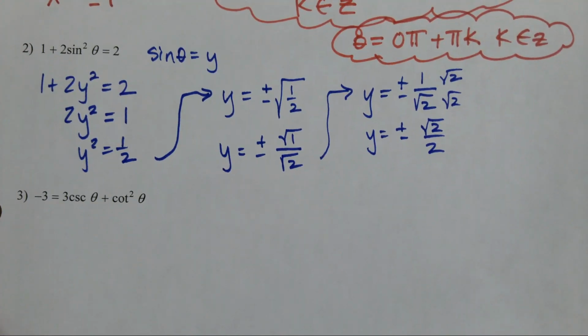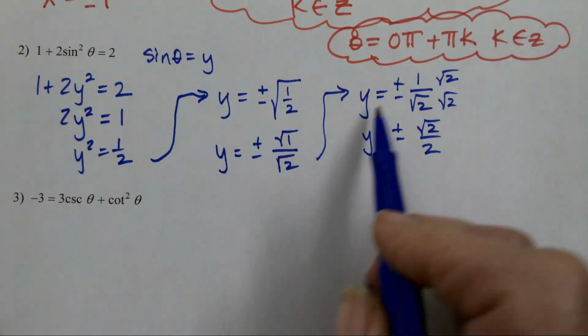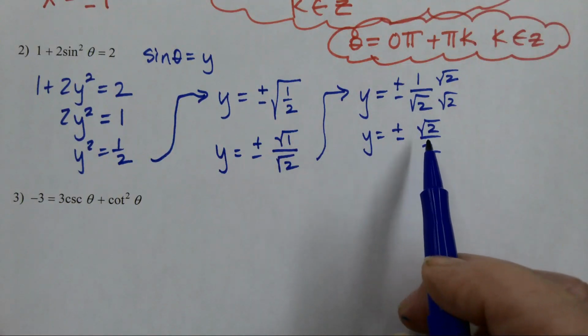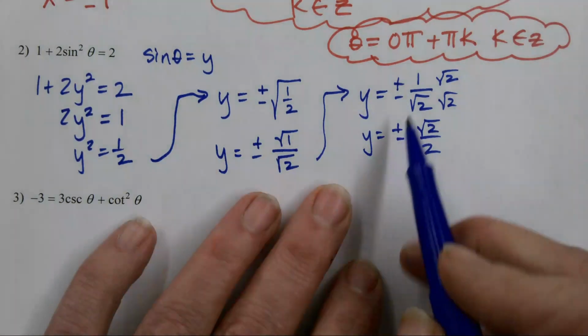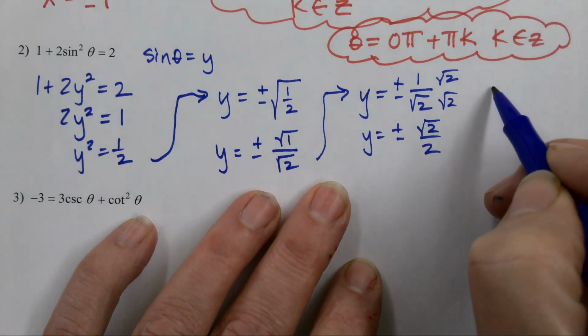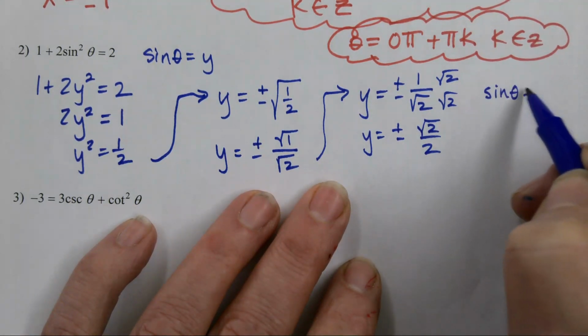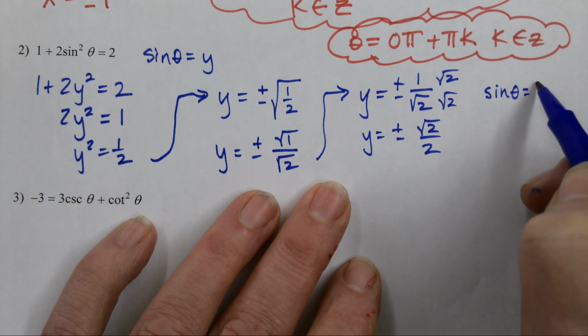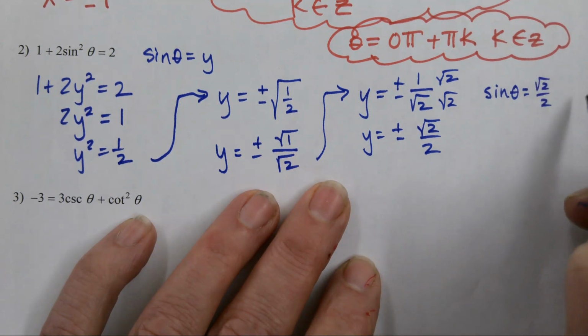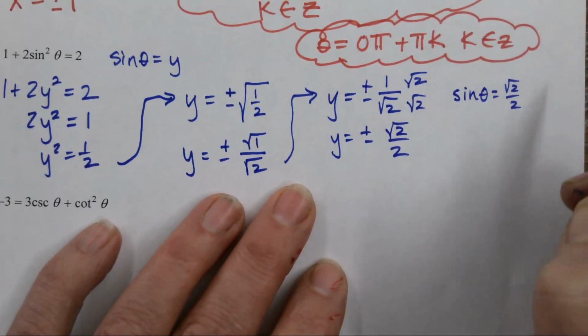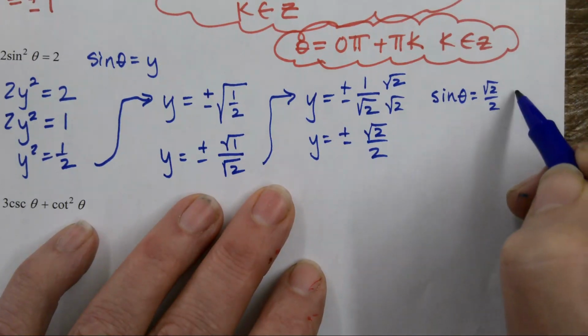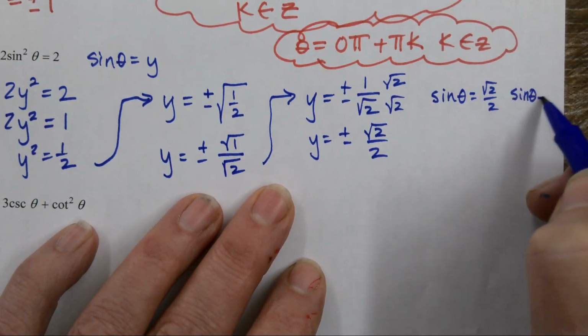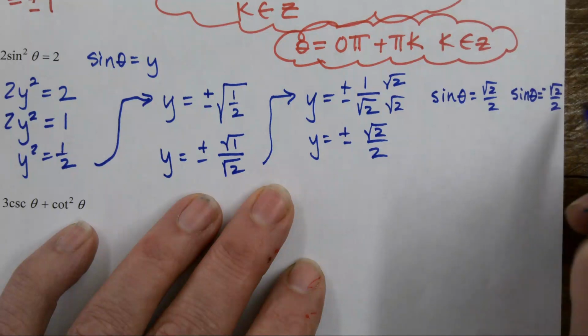So when I'm all done with this, when I've gotten y by itself, I've done all the cleanup, what I really am trying to find out is, when is the sine theta equal to the square root of 2 over 2, and when is the sine theta equal to negative square root of 2 over 2, and you all know that's when?